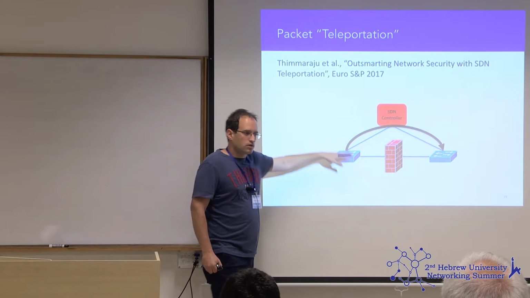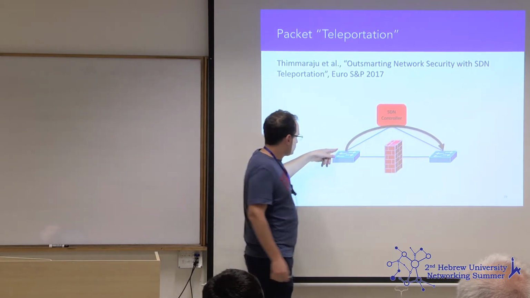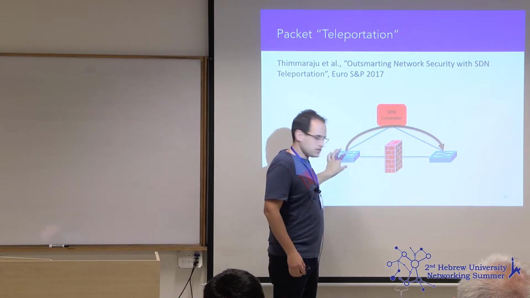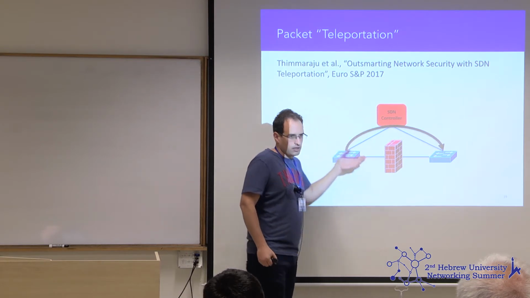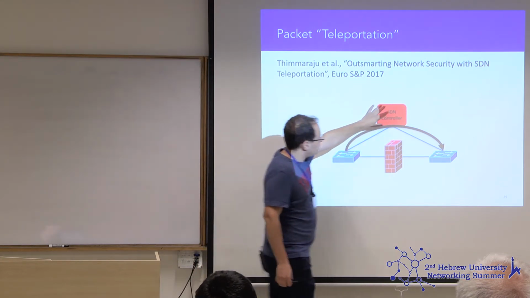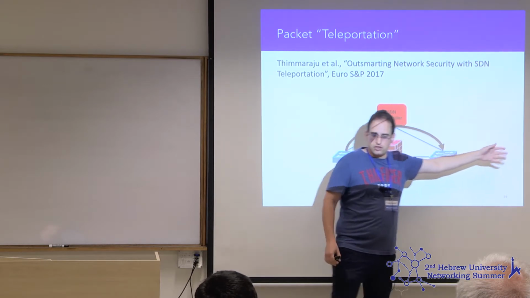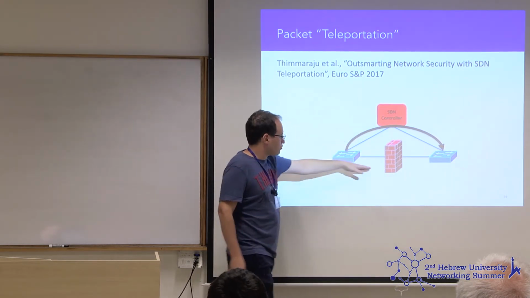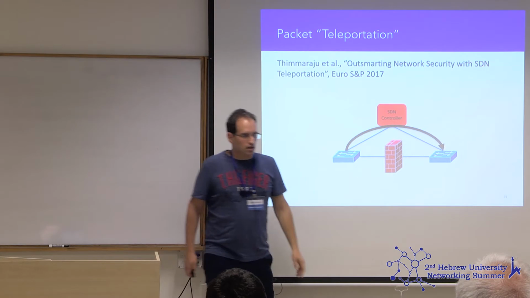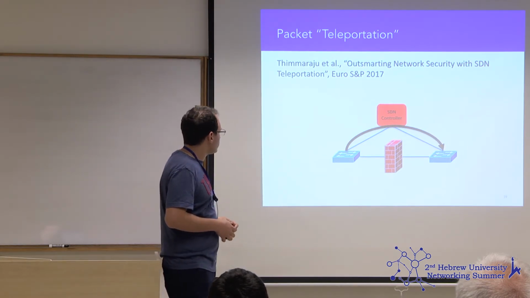So they took some SDN applications and showed that in some cases you could bounce traffic from this switch, if you know what the switch rules are, so that it goes to the controller, and then from the controller it goes to the other switch, and then flows over to the destination host without going through the firewall at all. This was a nice vulnerability.